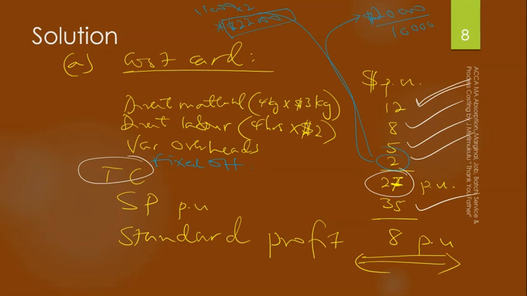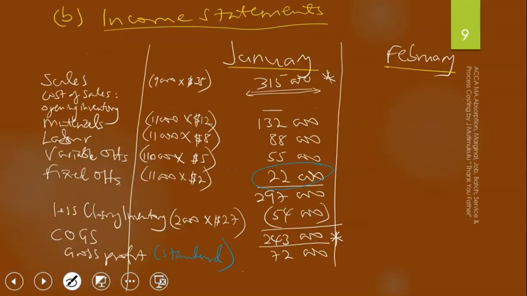So that means we need to add back the extra cost so that we come to the plan. So we then have to say: add overhead over absorbed.